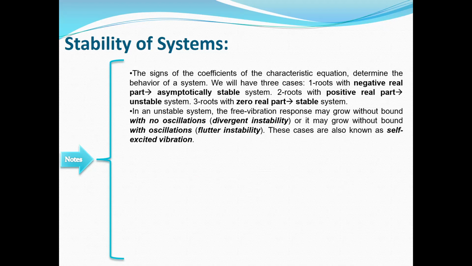In the previous systems, when we extracted the equation of motion, you always saw that the coefficient of damping is a positive value, but sometimes there is no damping. Sometimes the response depends on the velocity, but there is no viscous damping.